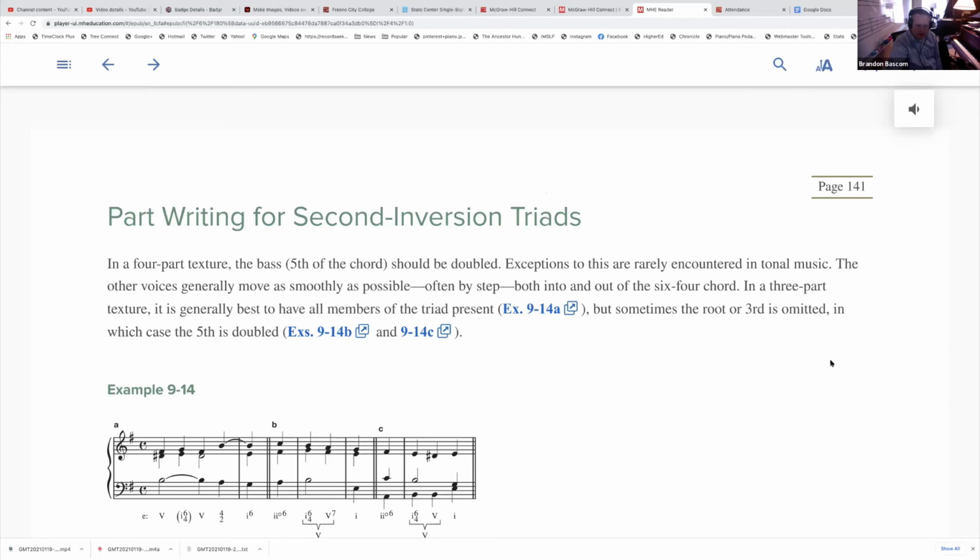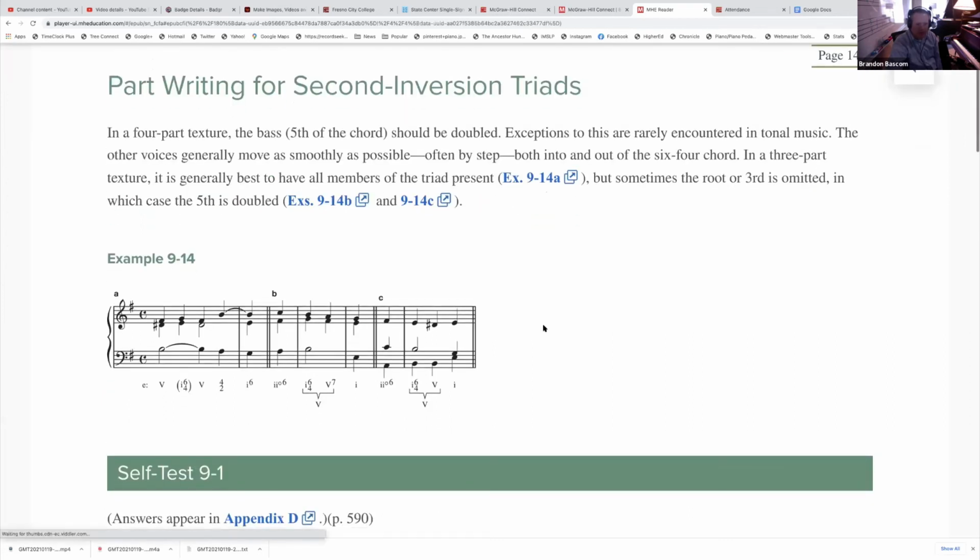In a three-part texture, it is generally best to have all members of the triad present, but sometimes the root or third is omitted, in which case the fifth is doubled, as shown in examples 9-14B and 9-14C. So here's 9-14A. We're in E minor.